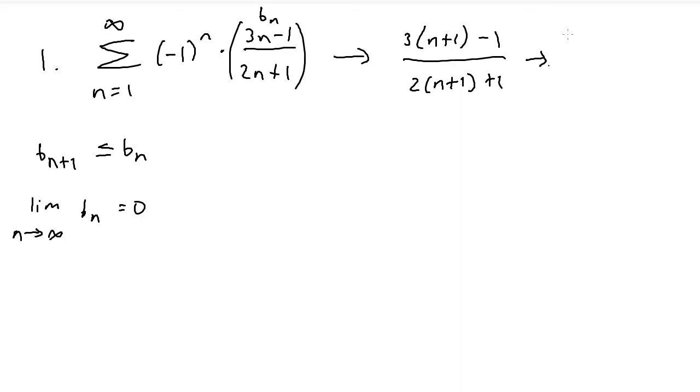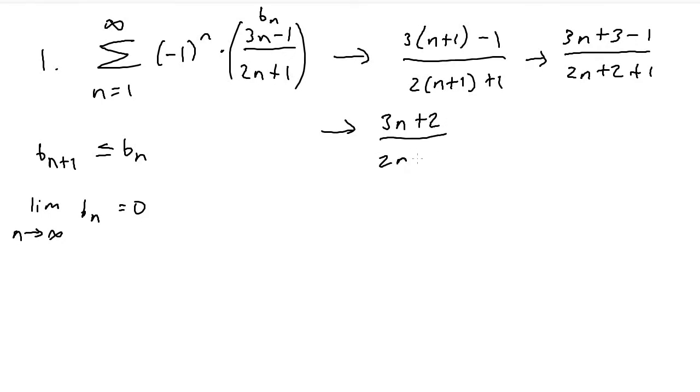So if I were to simplify, we get 3n plus 3 minus 1 over 2n plus 2 plus 1. So then I'll get 3n plus 2 on the top, and 2n plus 3 in the denominator. And notice we have to compare b sub n plus 1 to b sub n. So we're going to compare what we've found for b sub n plus 1 to our original b sub n value, which is (3n minus 1) over (2n plus 1).